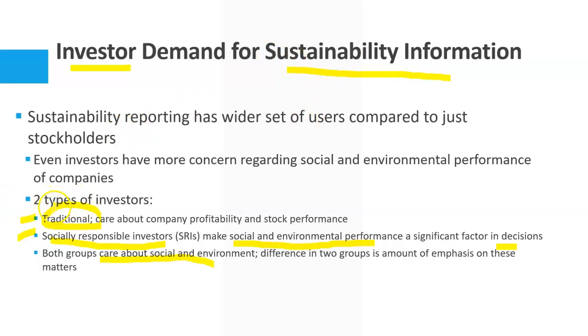when we are talking about two types of investor, we are talking about the emphasis or the focus of these two types of investor towards environment and social matters. So, social and environmental performance. As a traditional investor, they focus more on profit.